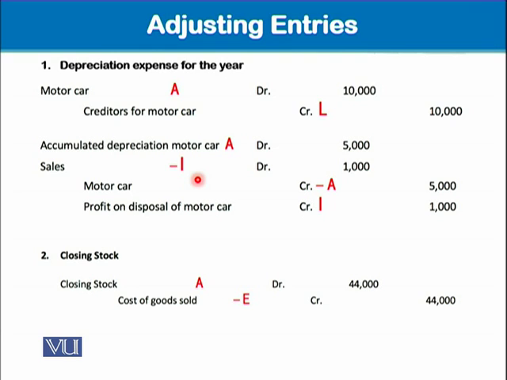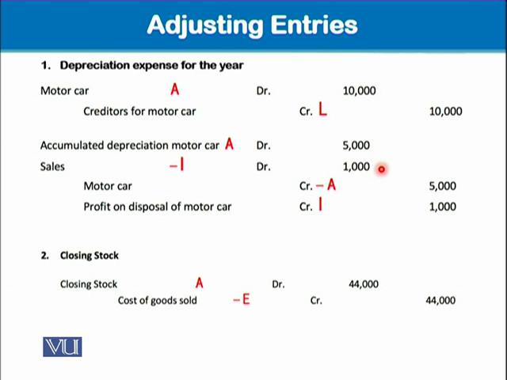Then there is a sales accounting entry, or in a way an asset disposal, in which the motor car, which had 5,000 cost and was fully depreciated, is being sold out. So its profit is 1,000, because that was sold for 1,000. And there was an error, if you read that adjustment, that this 1,000 was wrongly credited to the sales account, although that has been accounted for correctly in the cash account.